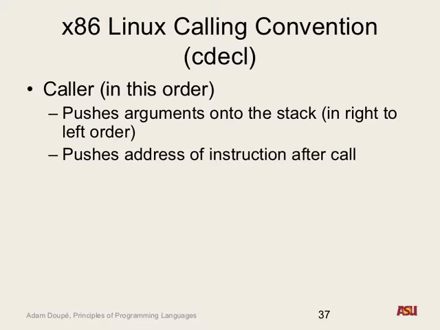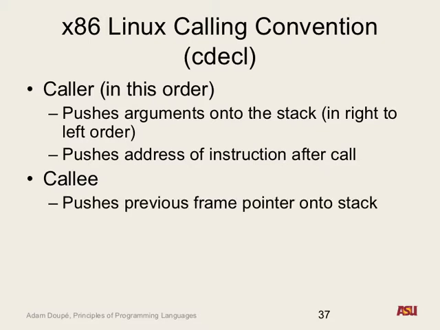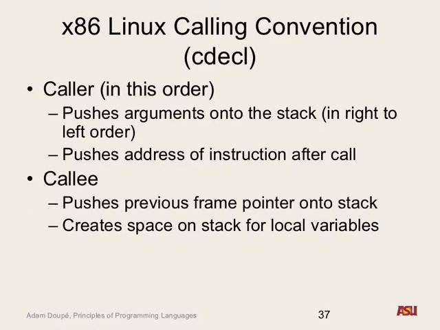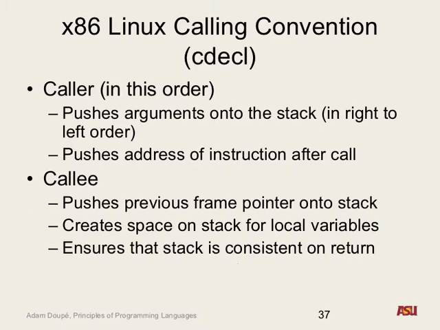Then they push the address of the instruction to return to after the function call. It's the job of the function being called to save the previous frame pointer onto the stack, because we're going to overwrite it. Then they create space on the stack for local variables, ensure that the stack is at a consistent location before it returns, and then finally put the return value of the function in the EAX register.